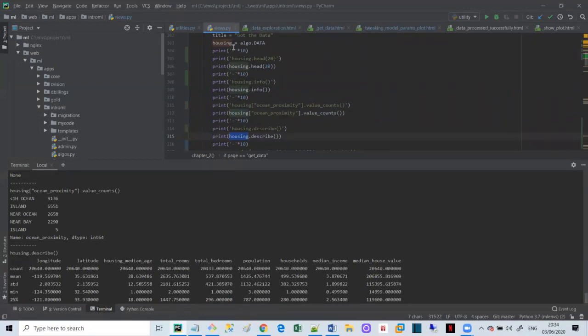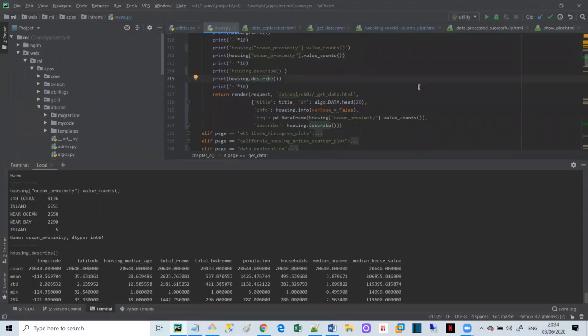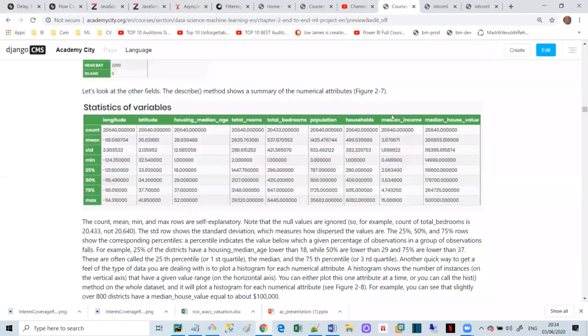Now I'm analyzing the data, and all the analysis goes to the same data frame. I use info, I use counting for a specific column. I'm using now another command called describe. I'm describing the data, and that's giving me a beautiful understanding of the data.